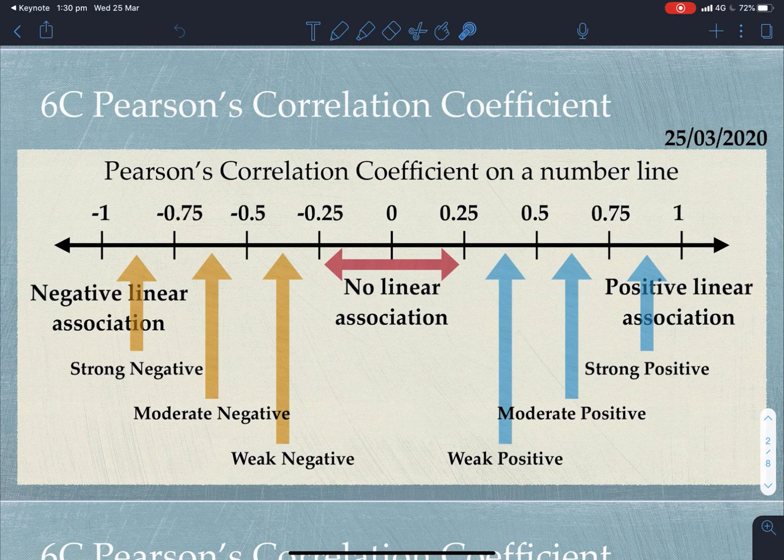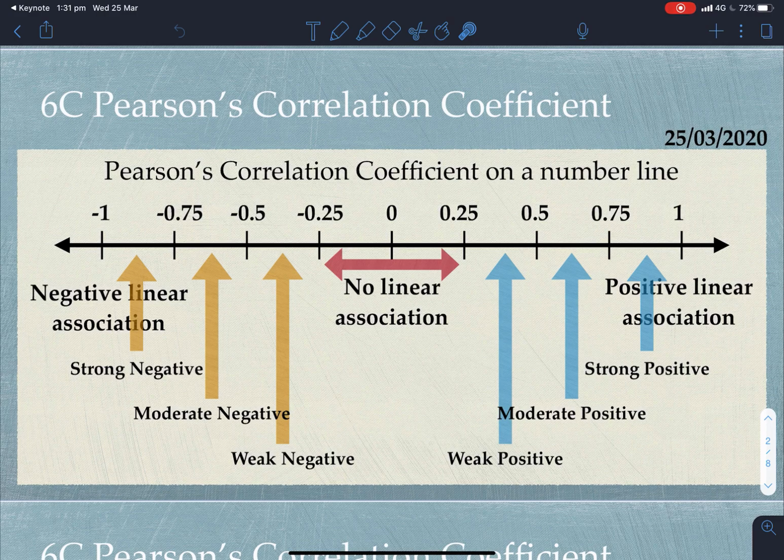So again, if you remember strong correlation, moderate correlation and weak correlation, that's where those numbers are coming from. If it's strong, it will be between 0.75 to 1. If it's moderate, it's probably between 0.5 to 0.75. And if it's weak, it will be between 0.25 to 0.5.